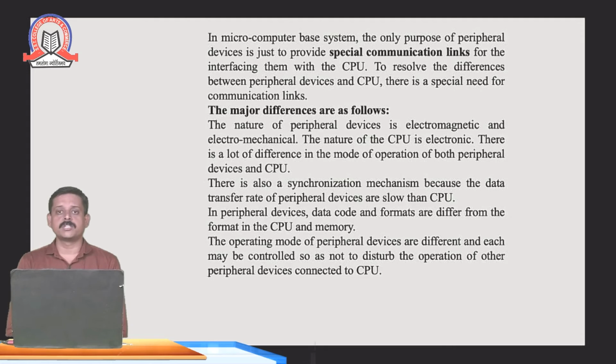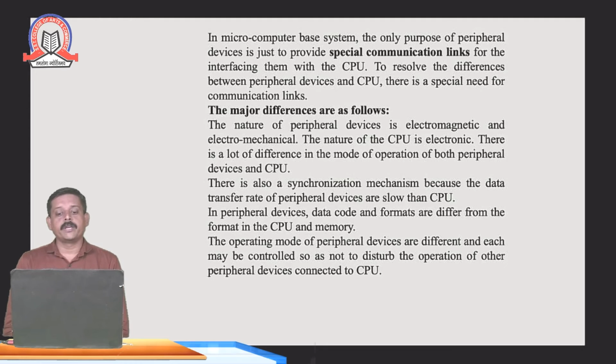There is also a need for a synchronization mechanism because the data transfer rate of the peripheral devices is slower than the CPU, which makes the CPU slower. In peripheral devices, the data code and format differ from the format in the CPU as well as in the memory.